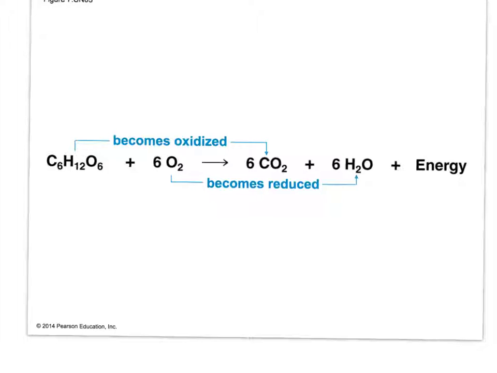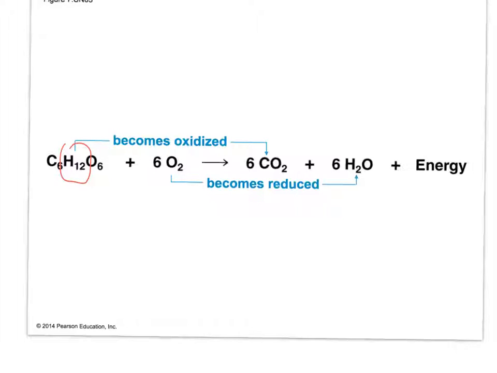I just don't understand how you follow the arrows. Why is it going from glucose to carbon dioxide? Why couldn't it go to water or something? If we're following the hydrogens, that's leaving glucose.